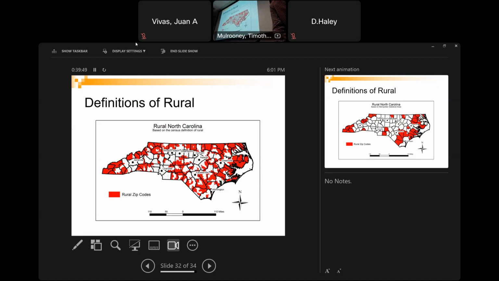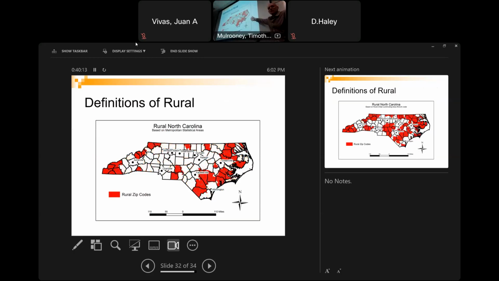There are about 9 different definitions of the word rural that have numbers attached to them. This is from the census definition, which is based on population density. So these areas in white are classified as urban or non-rural. These areas, according to the census, are rural.